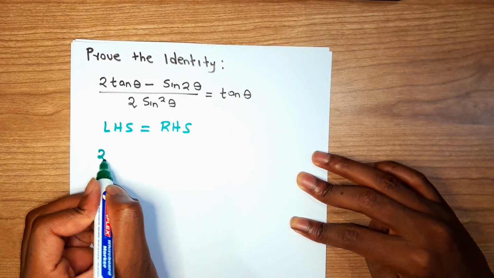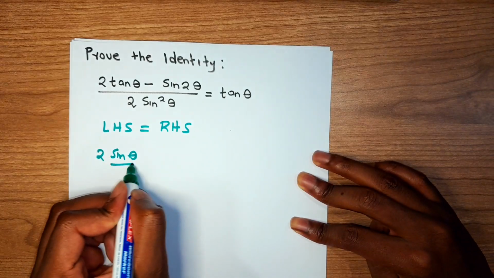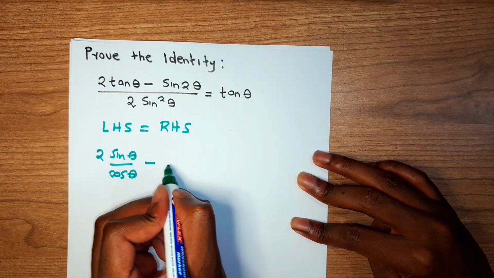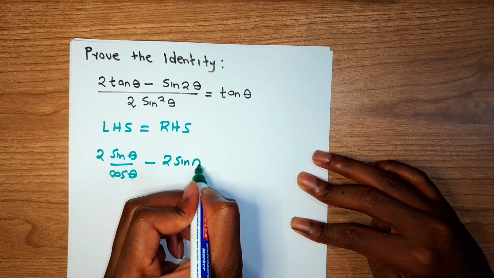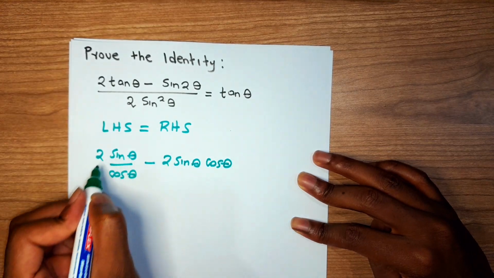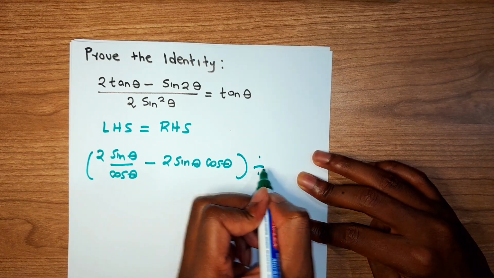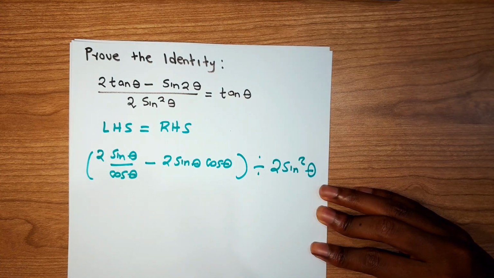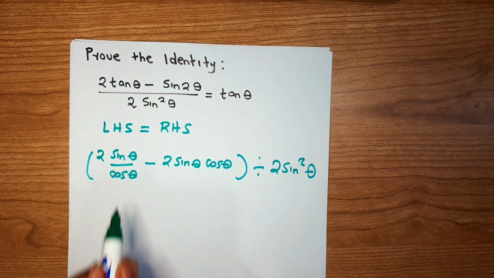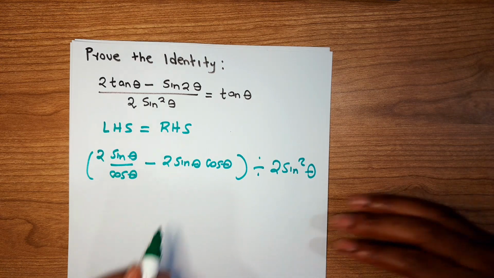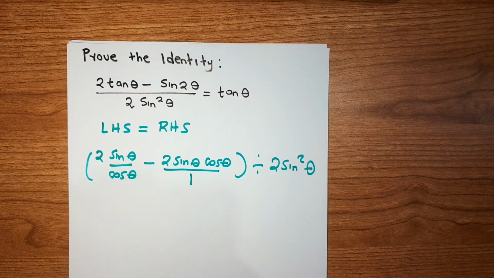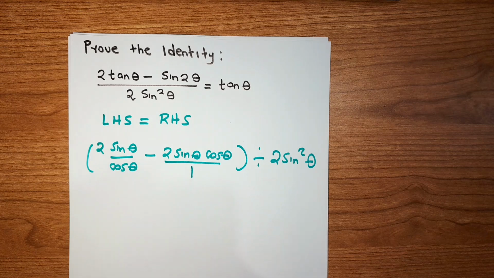You're going to have 2 sine of theta divided by cos of theta, minus, let's change this identity, 2 sine of theta cos of theta. All of this is divided by 2 sine squared of theta. Now, this is actually going to be divided by a 1, and you want to take the lowest common denominator.